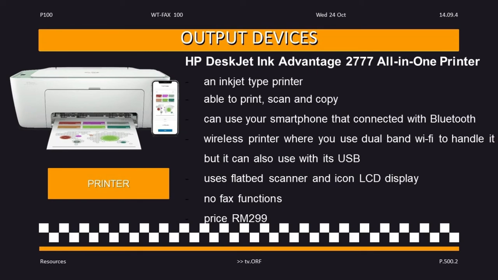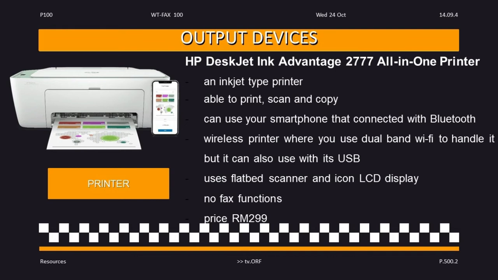For output devices, we have suggested a printer for Nawal. We chose the HP DeskJet Ink Advantage 2777 all-in-one printer. This printer is an inkjet type printer. It is able to print, scan and copy. However, you can also use your smartphone connected with Bluetooth to use these abilities.